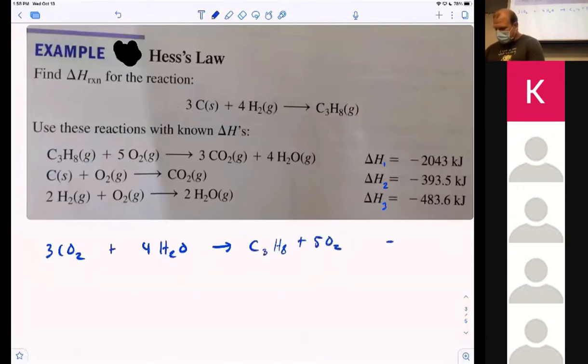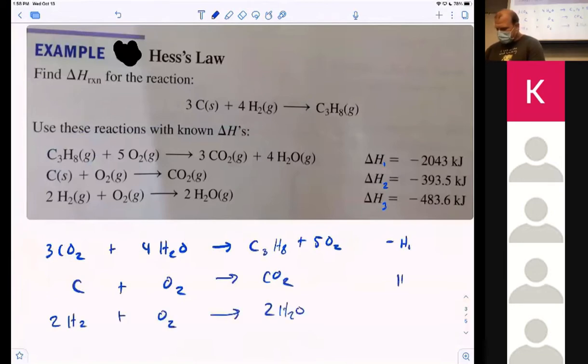And we flipped it, so it's minus H1. And then carbon is on the left side, so this is fine. Carbon plus oxygen makes carbon dioxide, and same thing with hydrogen. So this is H2, H3.